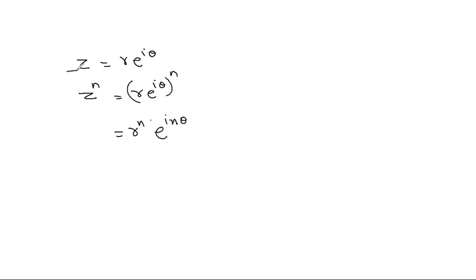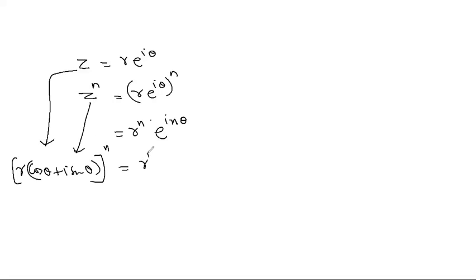Now let's compare. If I write this as r cos theta plus i sin theta to the power n, this is r raised to n, and in cos theta plus i sin theta form, cos n theta plus i sin n theta.